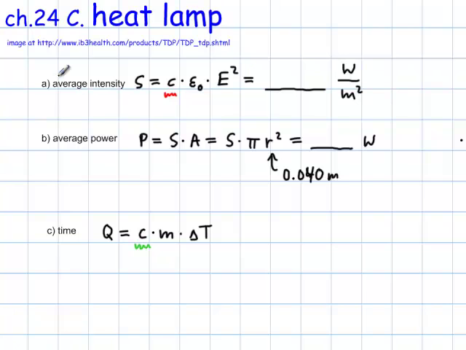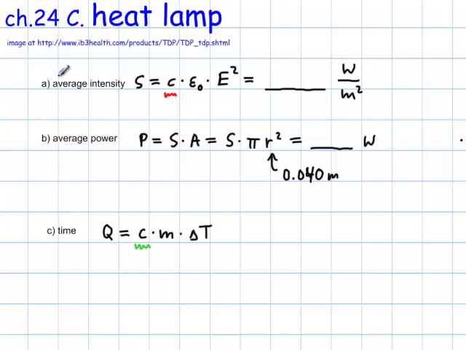Well, because we have only 52 symbols in our alphabet, capital letters and lowercase letters, and we need so many symbols in any one of the sciences that at some point we double up on them. So make sure that this one here is the specific heat capacity, which is given in the problem.